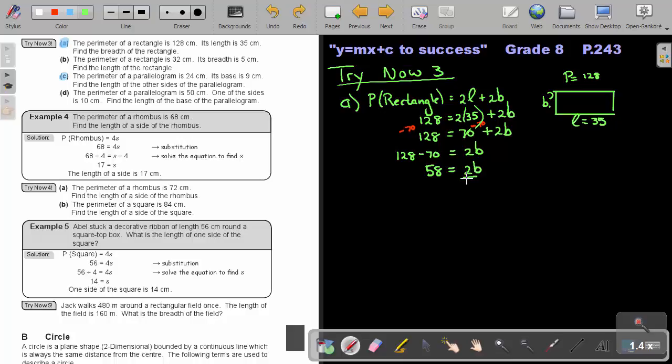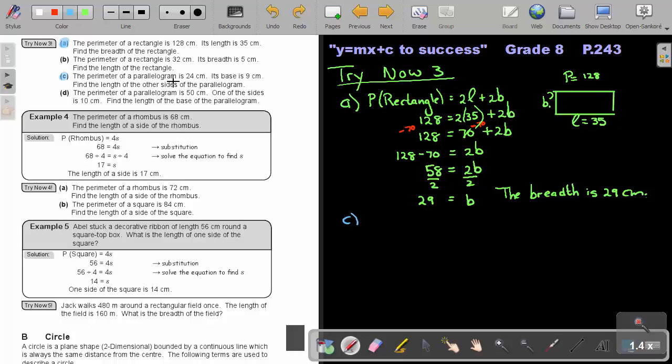Don't forget, I divide both sides by 2, and I will find that the value of b is 29. They say find the breadth, so let's write the sentence on the side to make more space: the breadth is 29, and this is going to be in centimeters. That's your sentence. Okay, let's do number C.